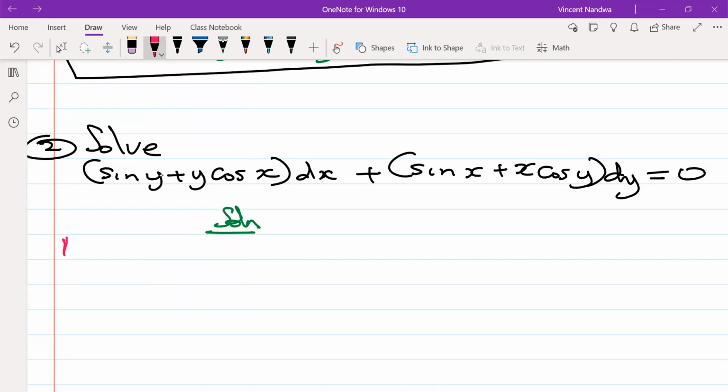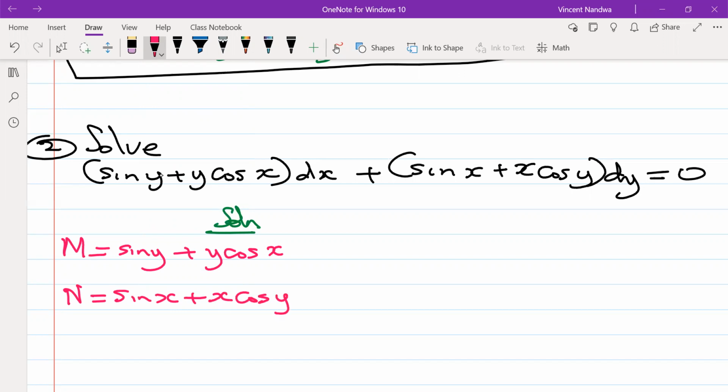So our M is sine of y plus y cosine of x. Our N is sine of x plus x cosine of y.